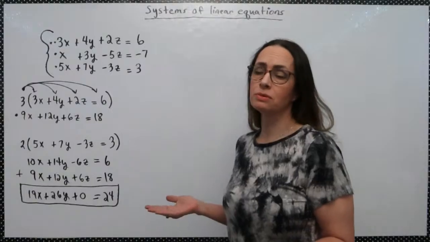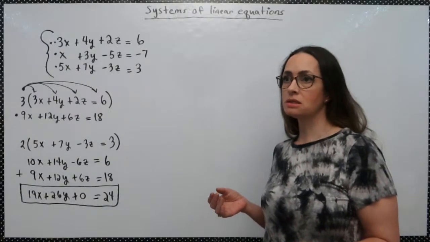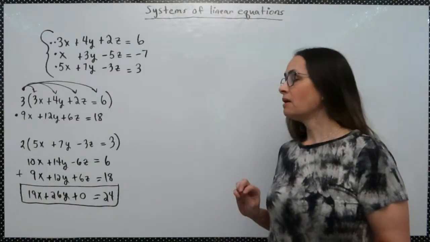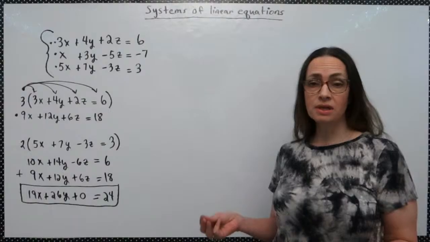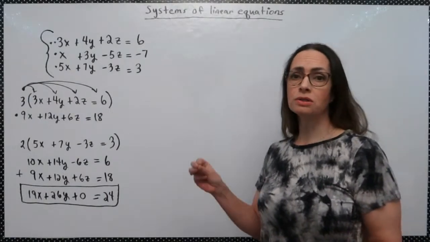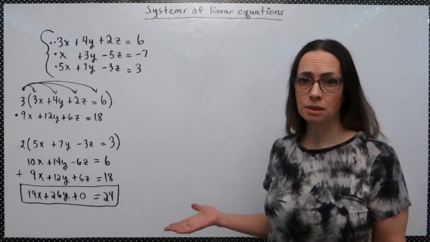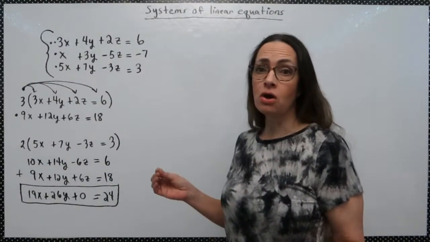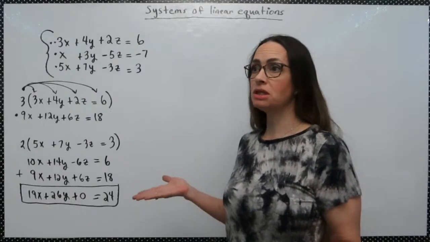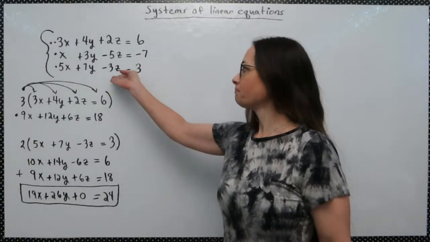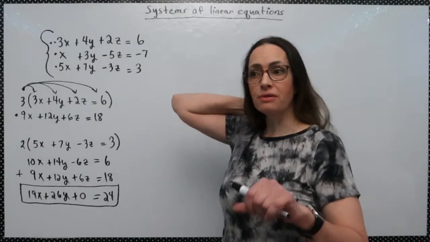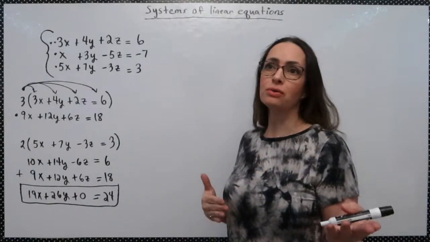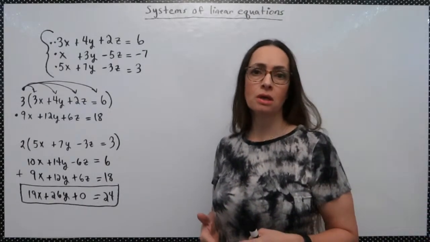It's just not possible. So if you have a system that has 2 variables, you need a minimum of 2 equations to solve it. If you have a system of 3 variables, you need a minimum of 3 equations to solve it, and so on and so forth. You can have a bazillion, I know that's not a real math term, but you can have a very large system that has potentially thousands of variables, but then you're dealing with 1,000 separate unique equations in that system, and so then you're looking at quantum computing to solve those.